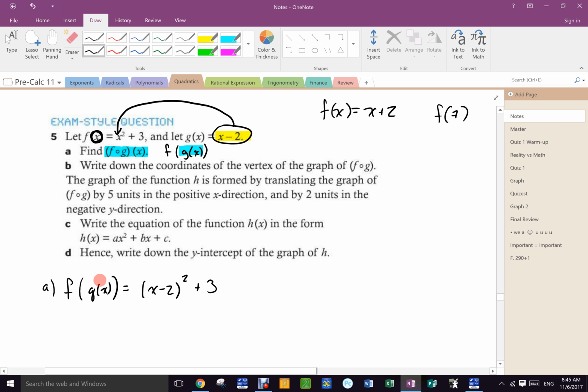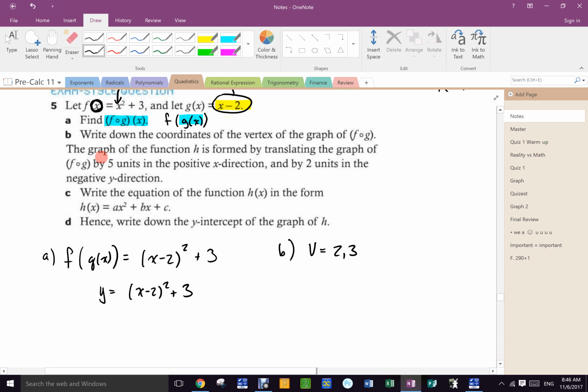Now, instead of writing that, what's the way I should write it to make it easy to graph? y equals x minus 2 squared plus 3. There's A. B. What's the vertex? Vertex equals 2, 3. Excellent.